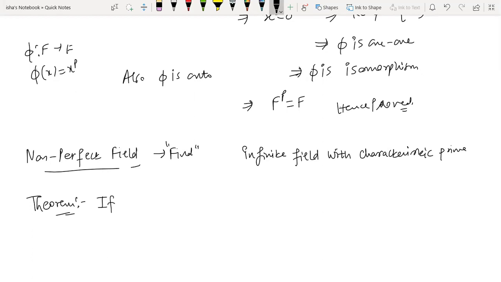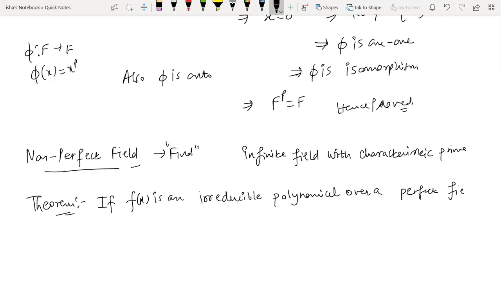So this theorem tells us, if f(x) is an irreducible polynomial over a perfect field F, then f(x) has no multiple zeros. So it's a very strong result that says that if you have an irreducible polynomial over a perfect field F, then it is not going to have multiple zeros.